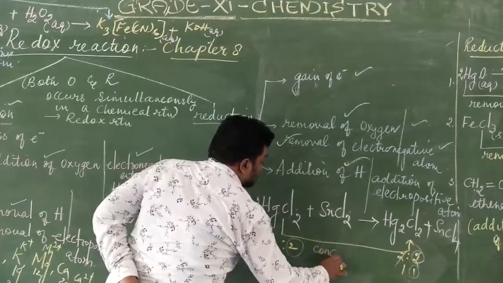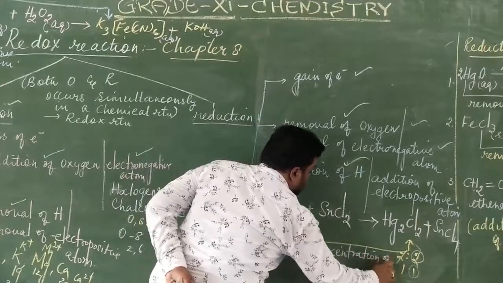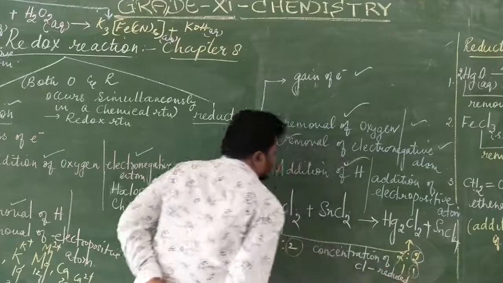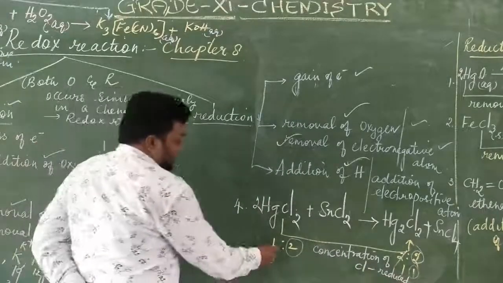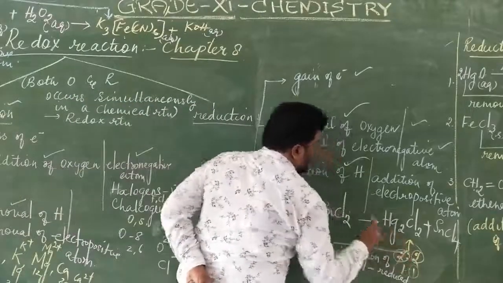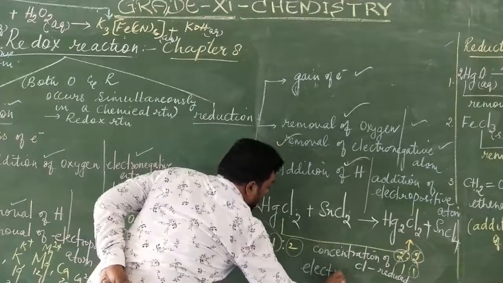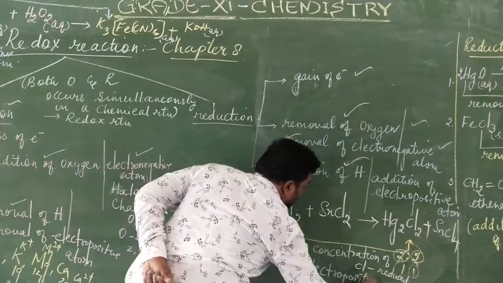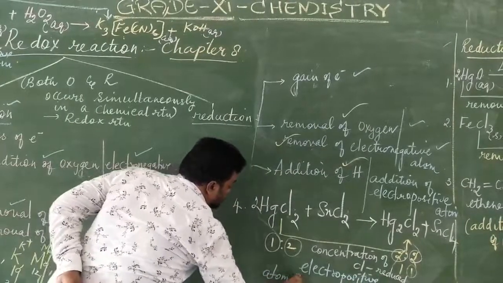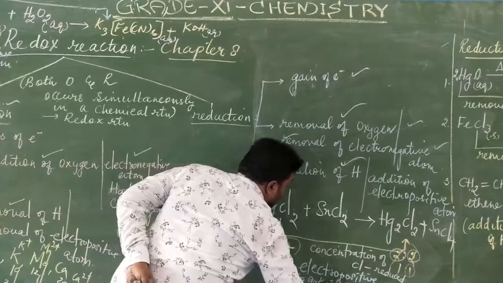The concentration of chlorine is reduced, whereas here 1 Hg becomes 2 Hg. As a result, the electropositive atom, mercury, has increased.